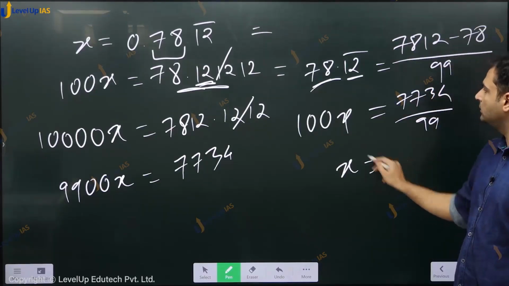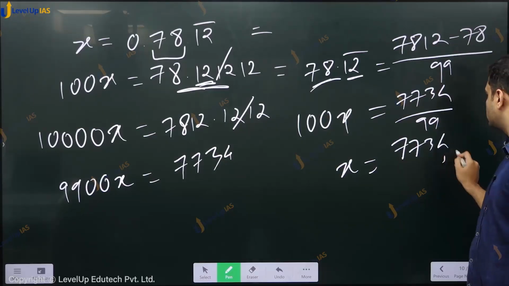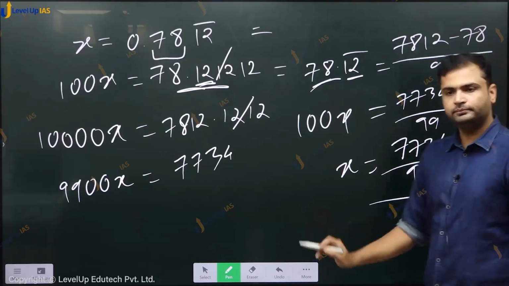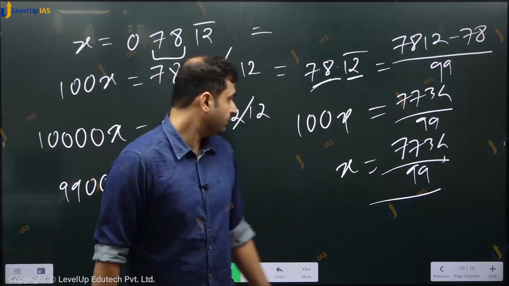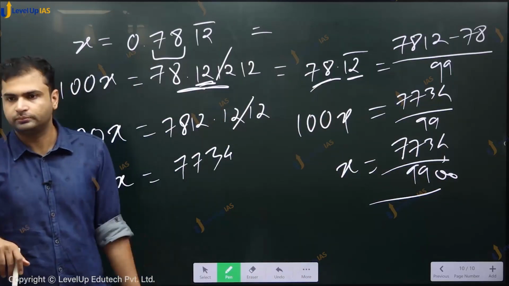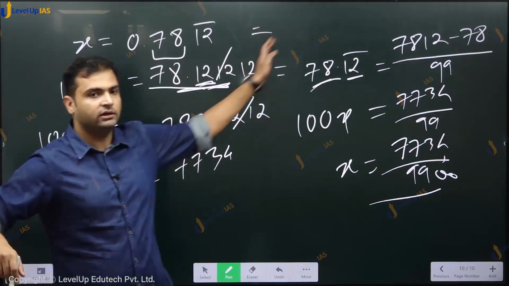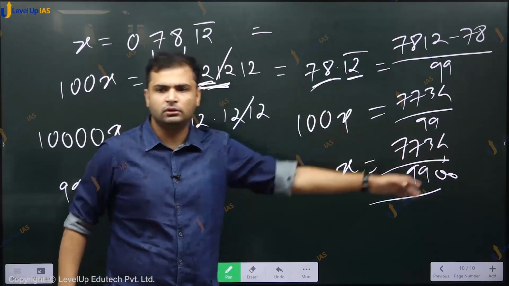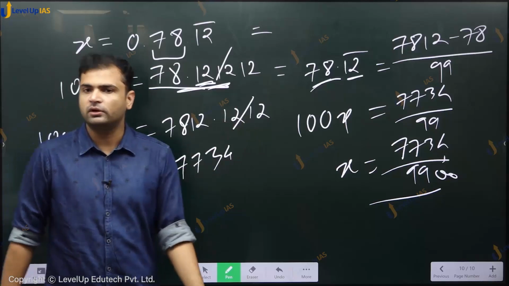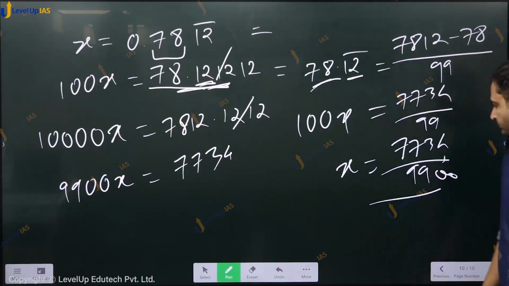So what will x be, you divide both sides by 100, so you will get the same answer, right? 9900. Answer would be same. So you do this or come here and write working rule, or remember different working rules for different cases. Anything is okay as per your comfort zone.